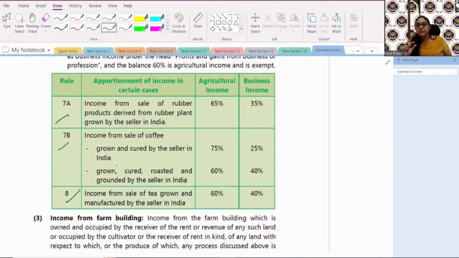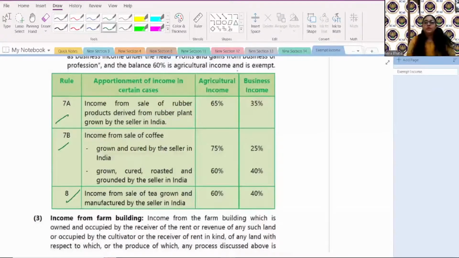A certain percentage is agricultural income and a certain percentage is business income. You don't have to deep dive into the processes of dividing it into agriculture or business income based on market value, cultivation expenses and manufacturing expenses. What you have to do is calculate your income and then divide it into agricultural and business income.